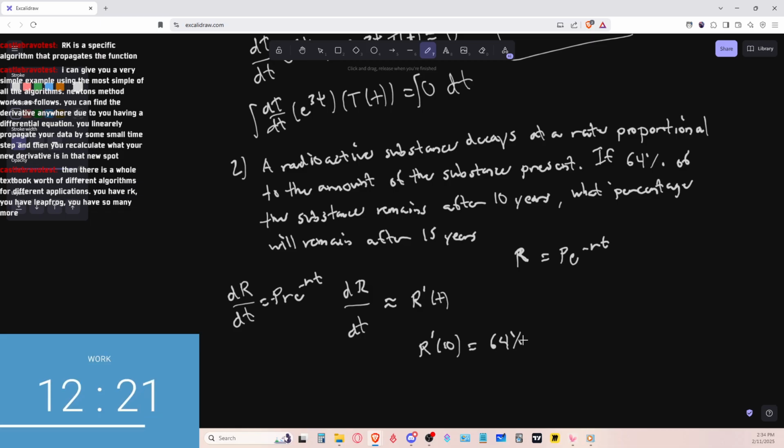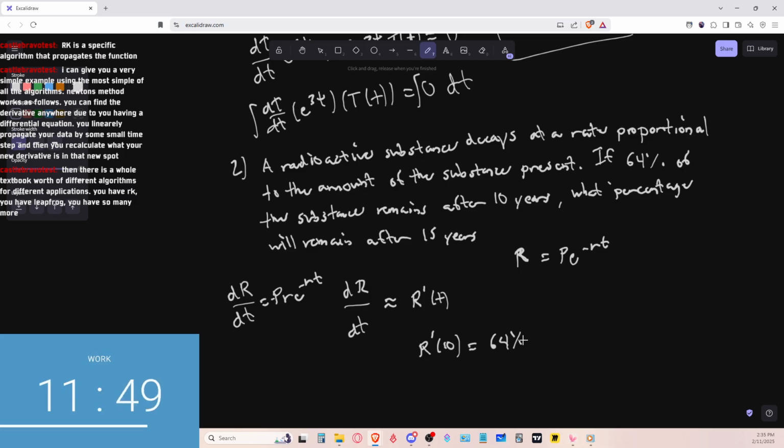Let's see. Yeah, I'm looking through what you typed in Castle Bravo. I was afraid I was rereading something you already typed before. Let's see. I can give you a very simple example using the most simple of all algorithms. Newton's method works as follows. You can find the derivative anywhere due to having the differential equation.